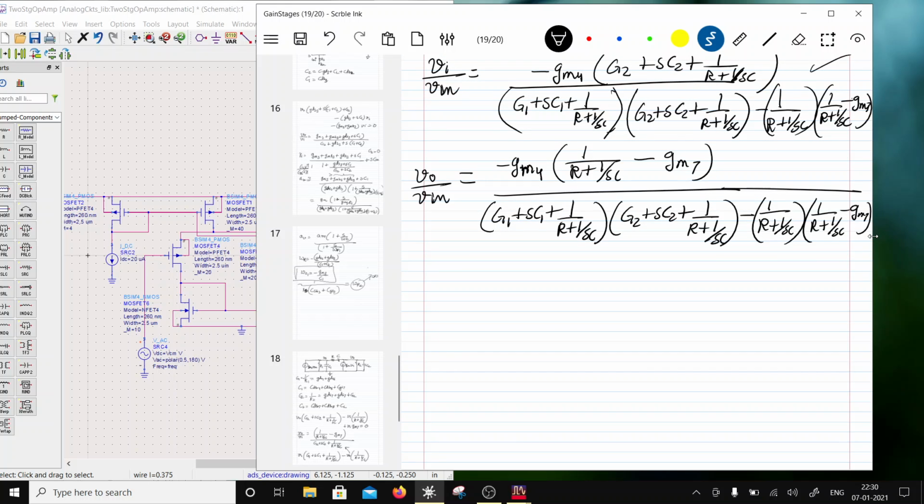So I have to simplify this. Let me see how to simplify this.